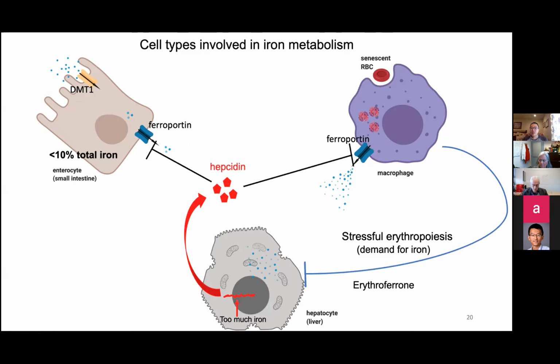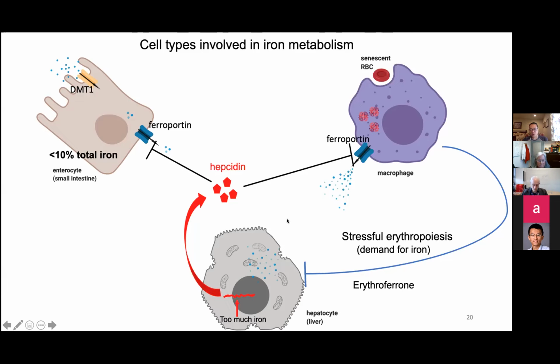And importantly, erythropoiesis is also a very strong contributor to the iron pathway, because in the case of overactive red blood cell recycling, erythropoiesis becomes stressed because there's a higher demand for iron to make new red blood cells. In this case, the hormone erythropoietin is released from the bone marrow as well as the spleen to inhibit the production of hepcidin.